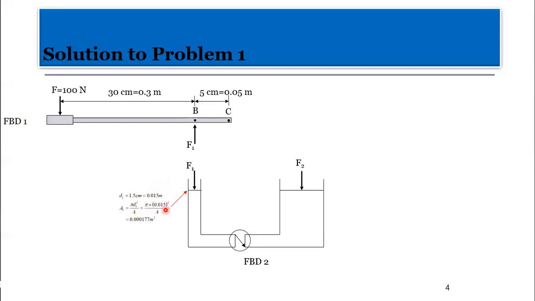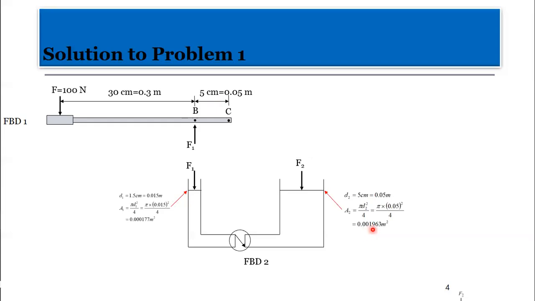So if we put in the values, we end up having 0.000177 meters squared. Okay, all right. Now we do the same for the other section and obtain A2 to be 0.001963. Okay, notice the decimal places. We are using what? 6 decimal places here, okay?